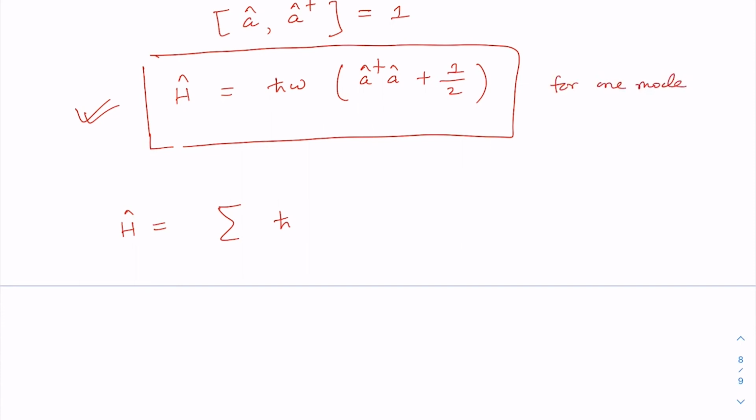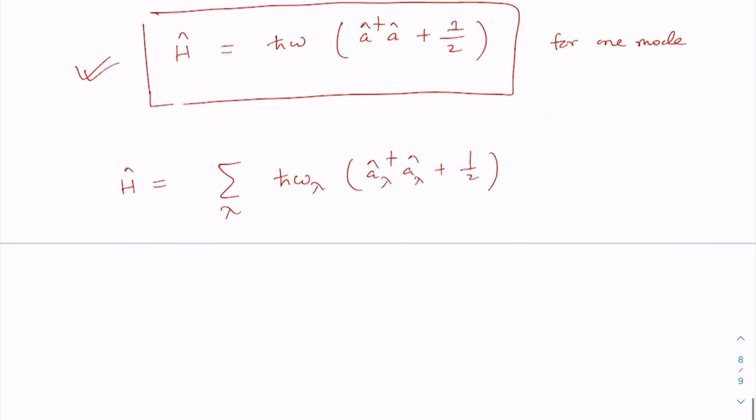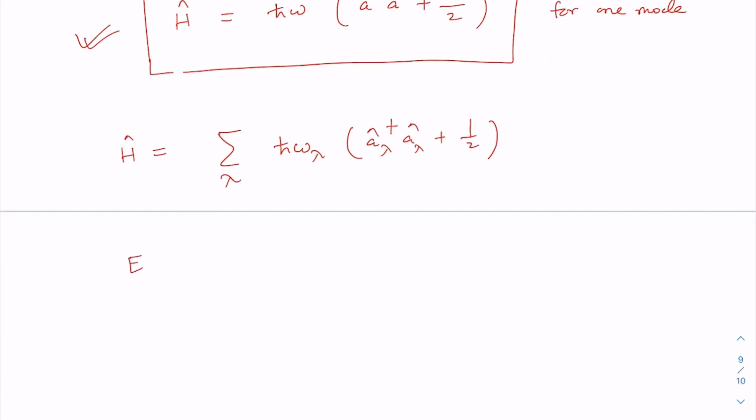If there are many modes, infinite number of modes, for one particular mode we have h cross omega lambda A lambda dagger A lambda plus half. Okay, and the corresponding energy expression would be E is equal to total energy. You just have to add it up, and that would be h cross omega lambda and n lambda plus half. All these things should be very familiar to you.